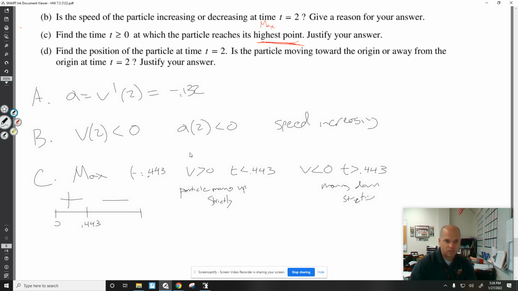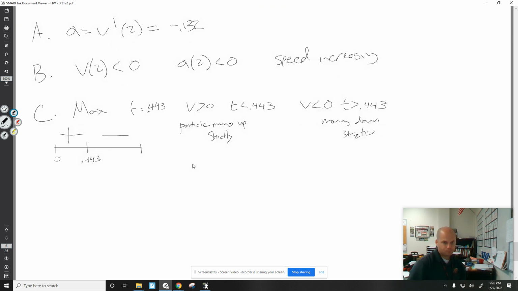Find the position of the particle at t equals 2. Great. Sorry, we're on the y-axis. Y of 2 equals y of 0 plus my displacement.